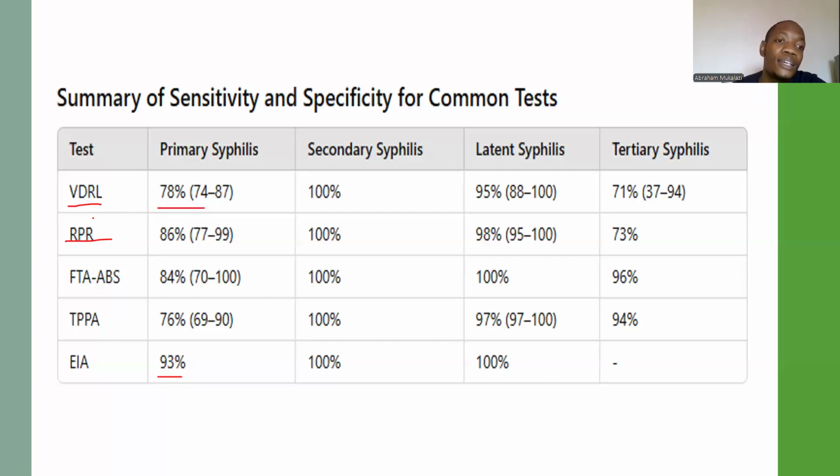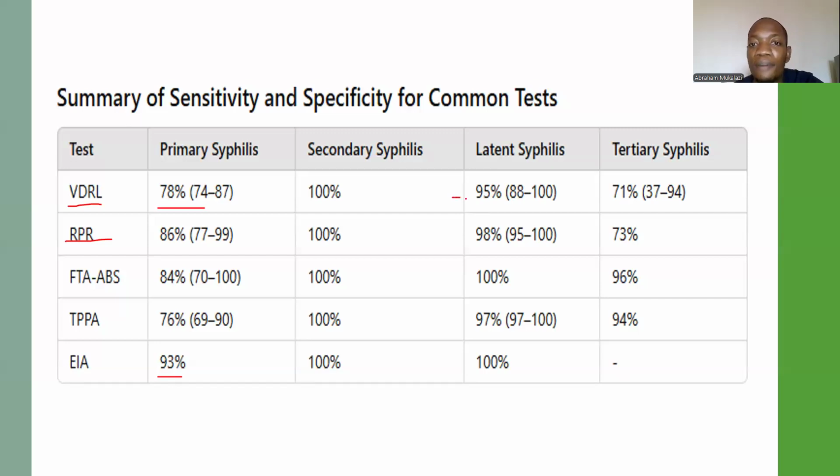For example, VDRL in primary syphilis is only about 78% sensitive, but in secondary syphilis, 100%, because now someone has really formed antibodies and the antigens are swinging left, right, and center. So all the tests are very effective in secondary syphilis. But when it comes to latent syphilis, a few tests are 100% positive.